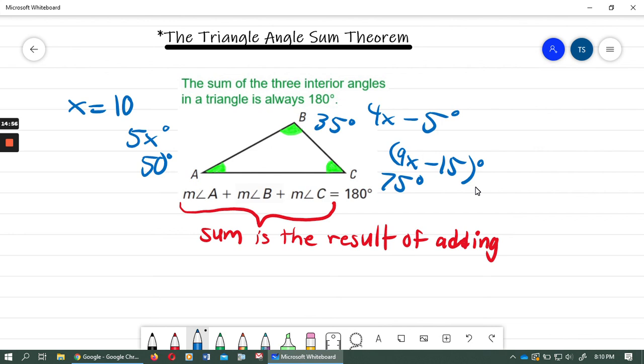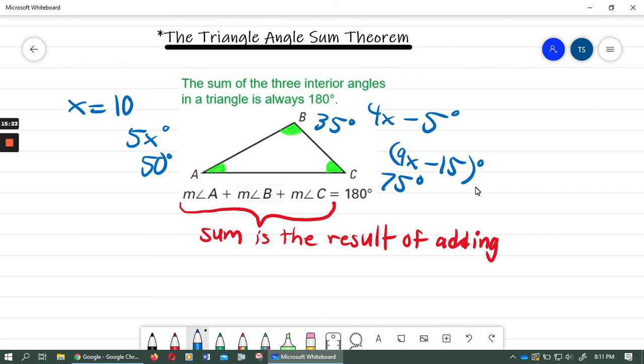All of the stuff that we've talked about previously, all of those different types of angles, linear pairs, vertical angles, even the stuff with the parallel lines and the transversals, all of those different things could be involved when we're using the triangle angle sum theorem.